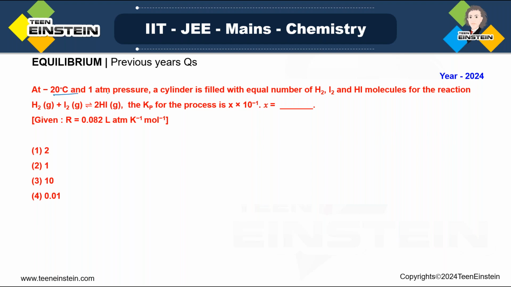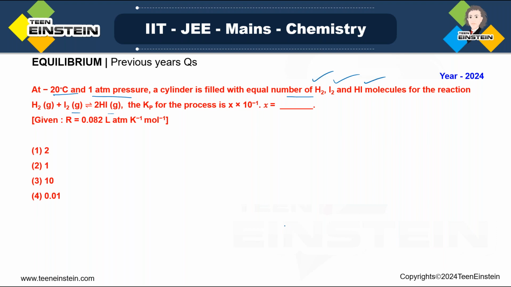At minus 20 degrees centigrade and 1 atmosphere pressure, a cylinder is fitted with an equal number of hydrogen gas, iodine and hydrogen iodide molecules. For the reaction given, H2 gaseous plus I2 gaseous in equilibrium with 2HI, the equation is already balanced.